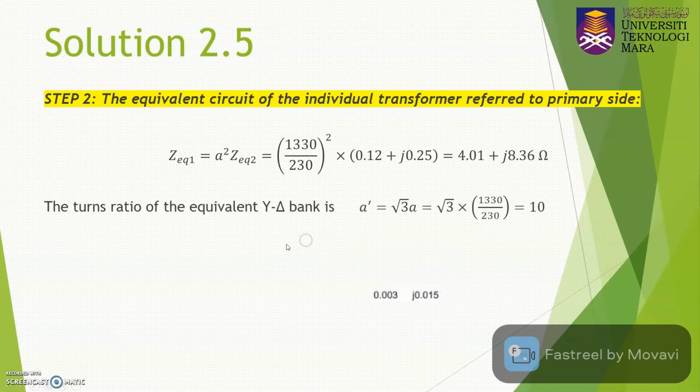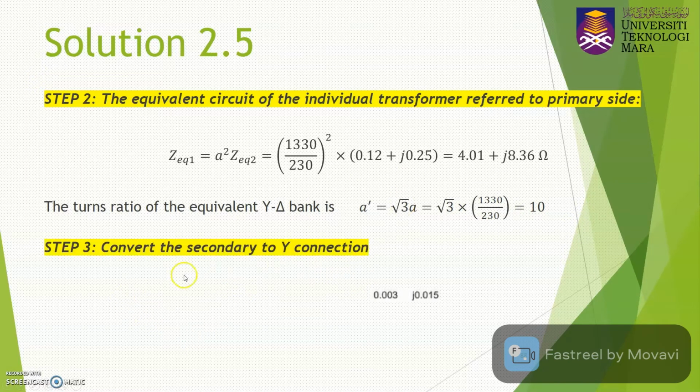After that, you need to calculate the turns ratio of the equivalent Y-delta bank. The turns ratio is given by A prime equal to square root 3 multiplied by A. Here is your A, just multiply with square root 3, and you get A prime equal to 10. Then you need to convert the secondary to Y connection.